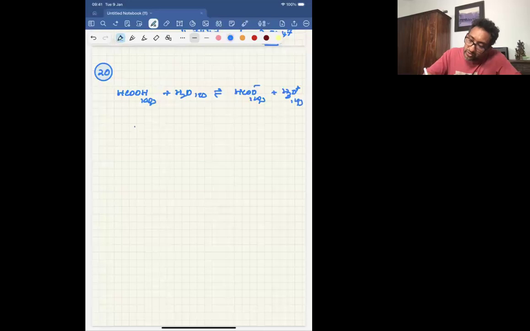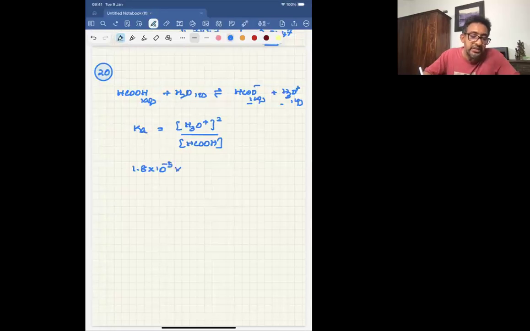So you know Ka is equal to, these two concentrations being the same, hydronium ion concentration squared divided by HCOOH. Ka is 1.8 × 10^-5. HCOOH concentration is 0.02.